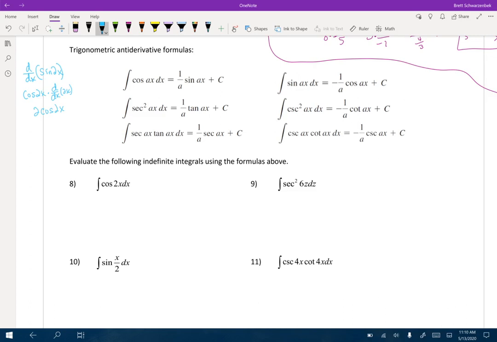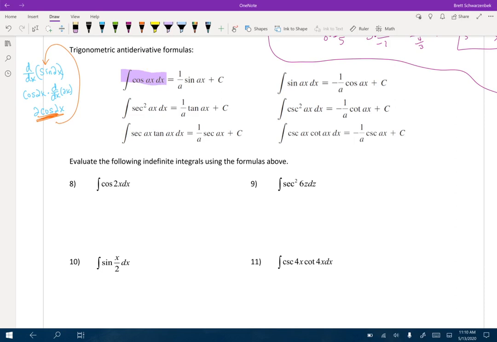So what does that mean in terms of this unit? It would mean that the antiderivative of 2 cosine 2x is sine 2x. These formulas kind of take that into account. Notice the first one, let me highlight it. We have cosine ax, so a is obviously a constant.